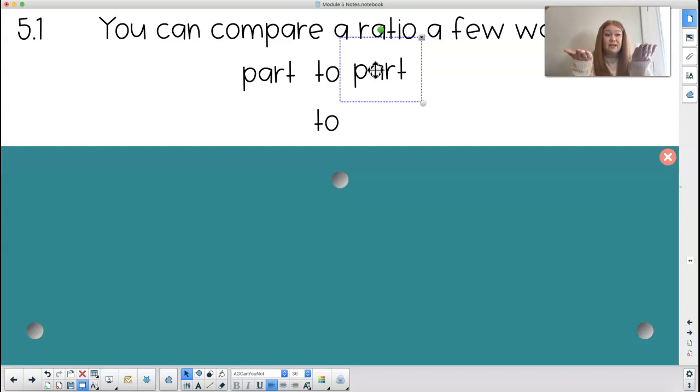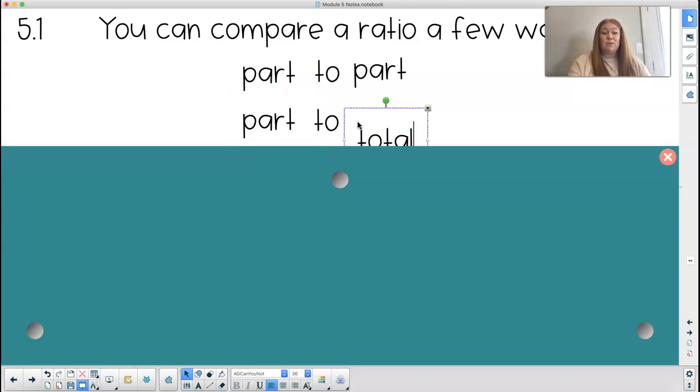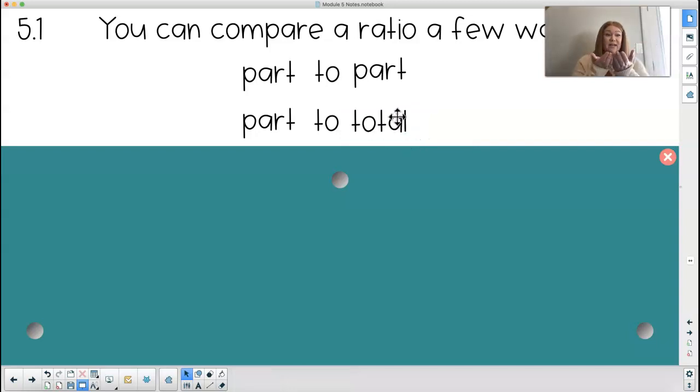Here's my flour, here's my sugar. They're each part of the recipe, part and part. I can also compare part of the recipe to a total. When I put my flour and my sugar together, that makes a total, right? So I'm dumping in those ingredients to make a total of the recipe.